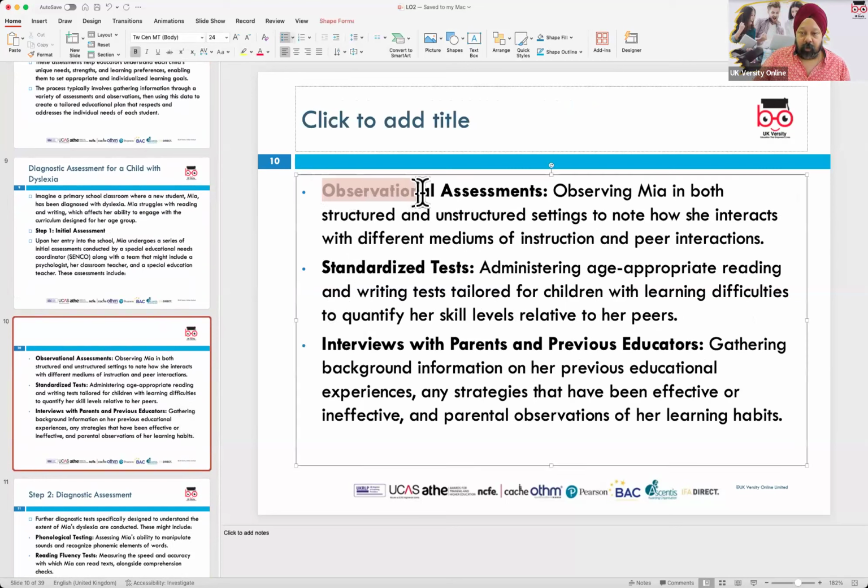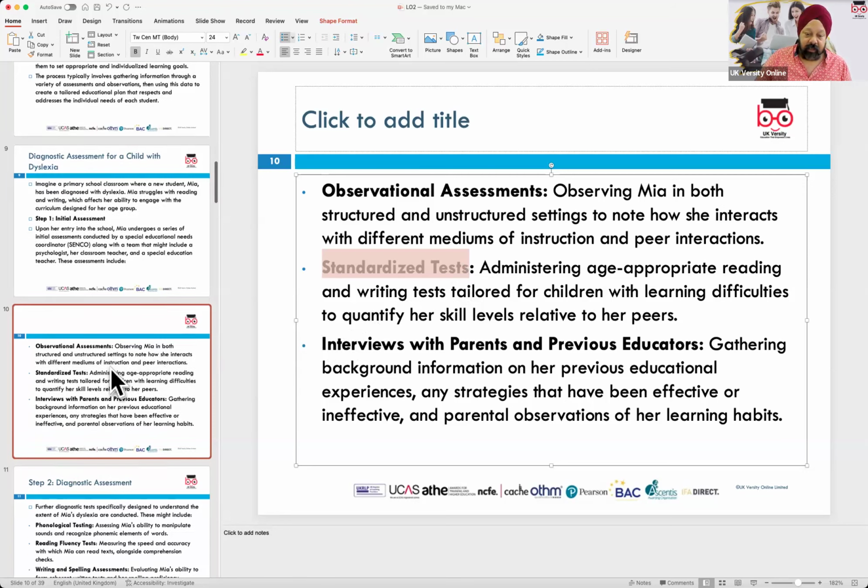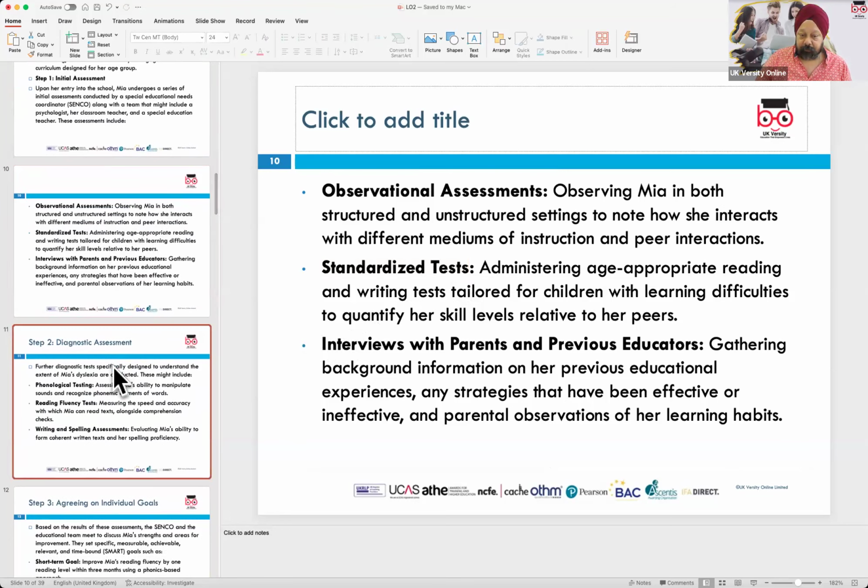These tests could be observational assessments. There could be standardized tests that you sometimes put the learners through. And in some cases, there would be interviews with parents and previous education partners who have helped in the delivery of the education or qualification to that learner.